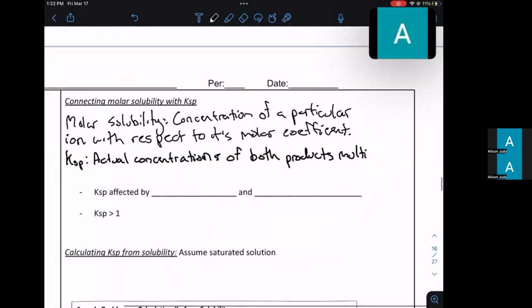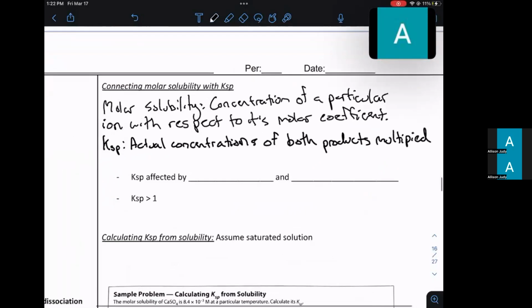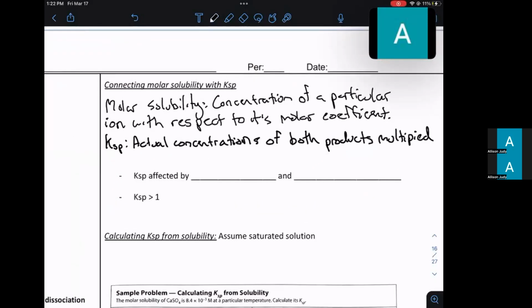They're based upon each other, and you can calculate one from the other, and we're going to be focusing a lot on that today, but they're different values.